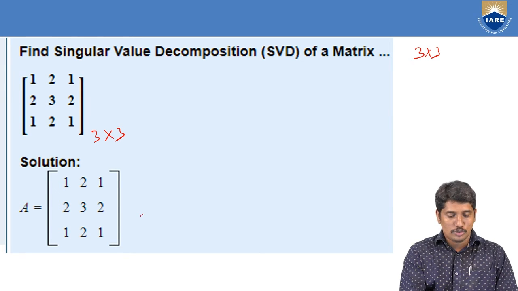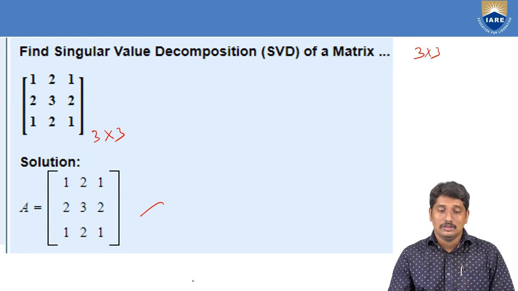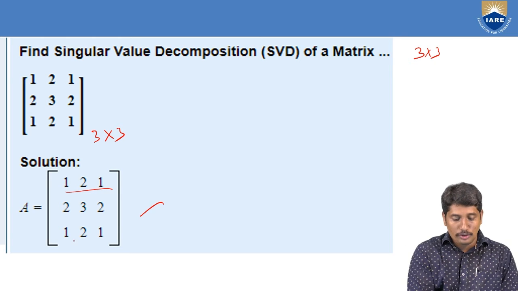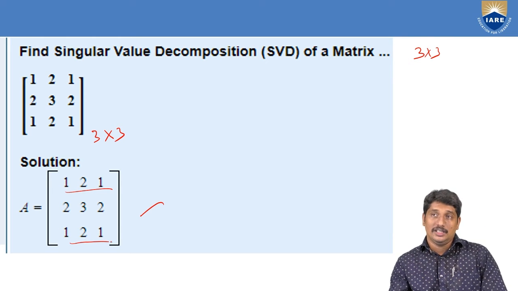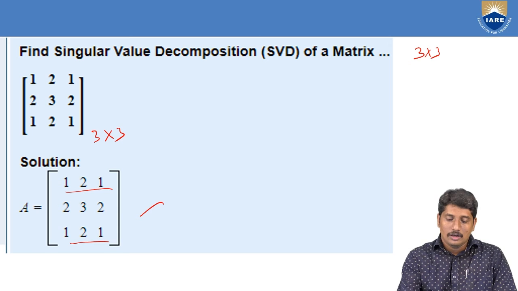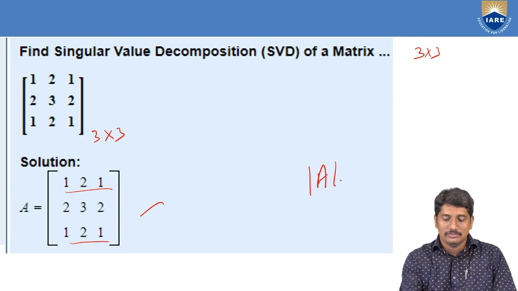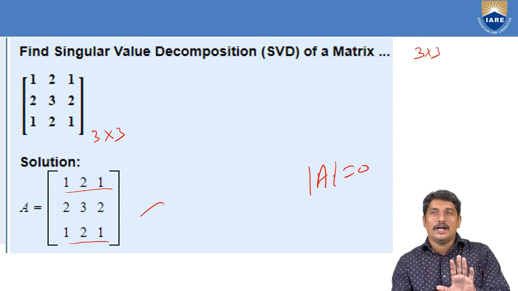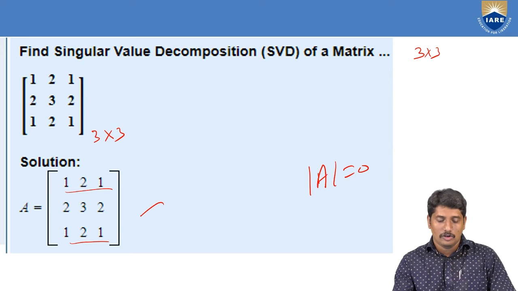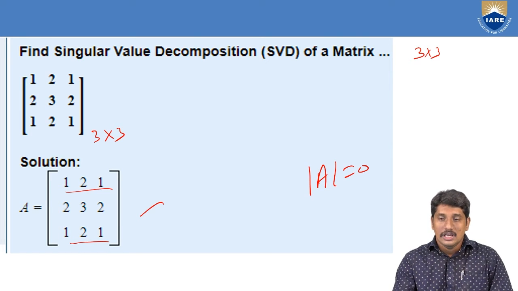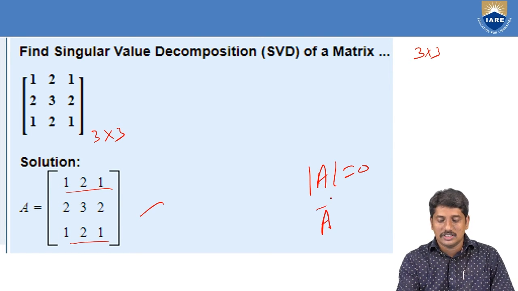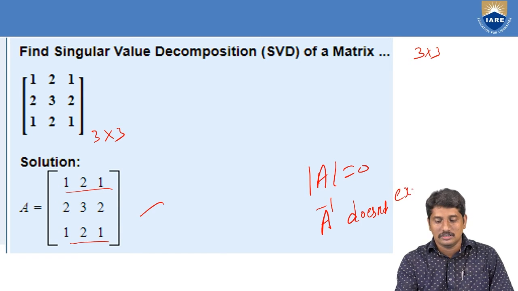A is equal to 1 2 1, 2 3 2, 1 2 1. And we are observing that the first row and the third row are identical. So identical means we can say that det A is 0. Obviously, when we see identical rows or identical columns, automatically det A will be 0. Once det A is 0, A inverse does not exist.